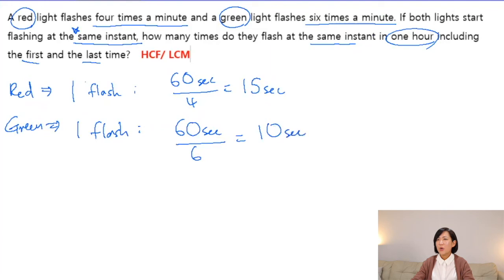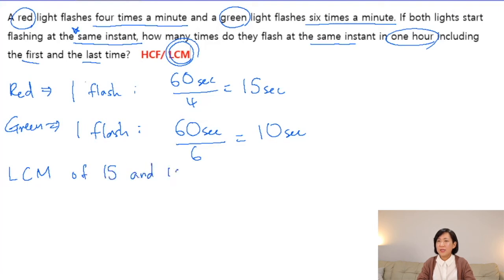So now, what you can think of is the red light, every 15 seconds, 1 flash, and the green light, every 10 seconds, 1 flash. So we need to look for multiples of 15 and multiples of 10, right? So it's all about an LCM question. Let's find the LCM of 15 and 10.